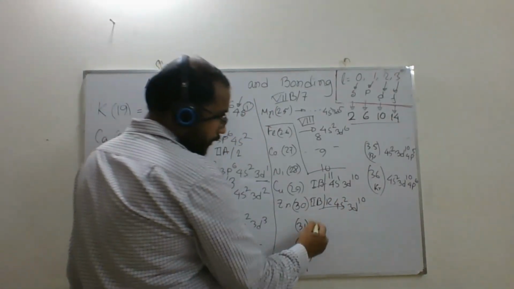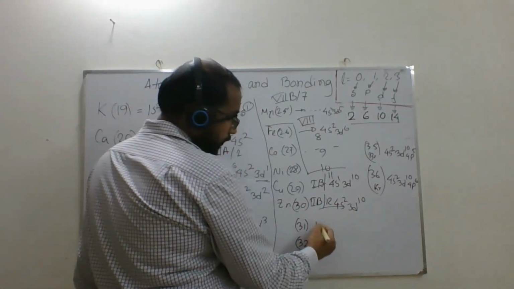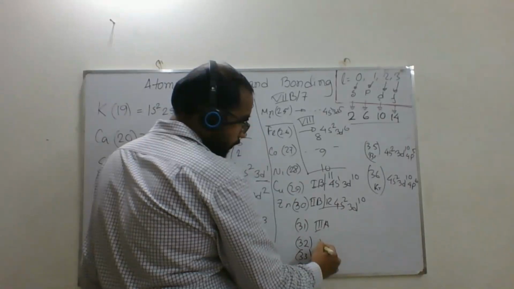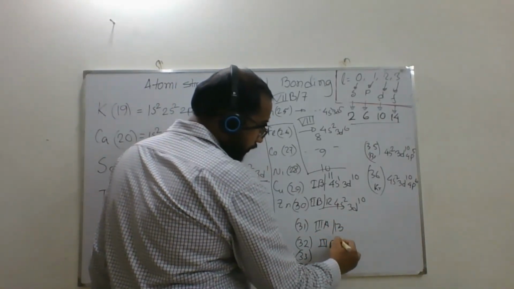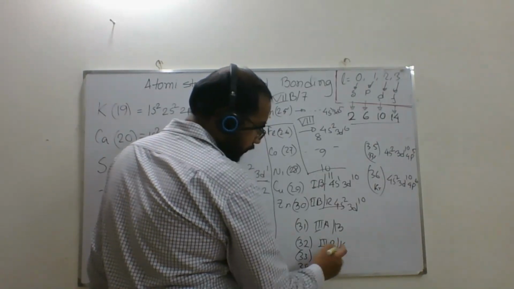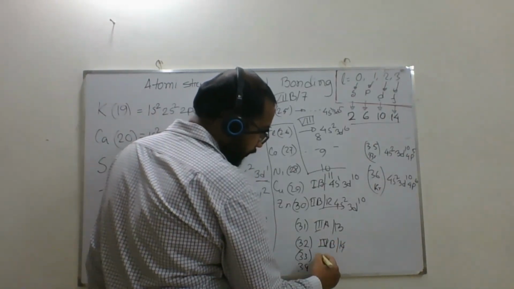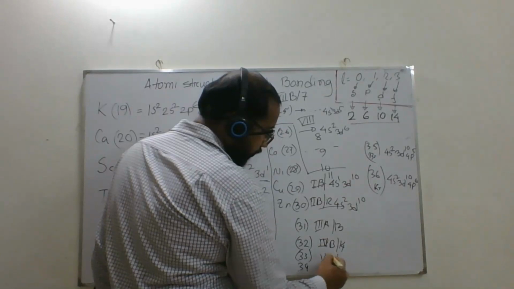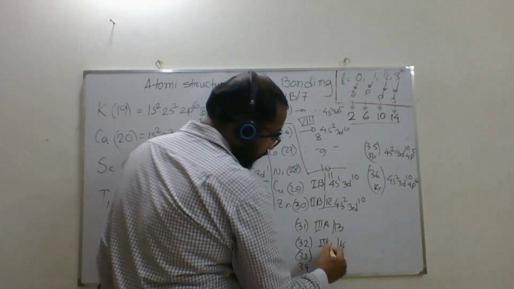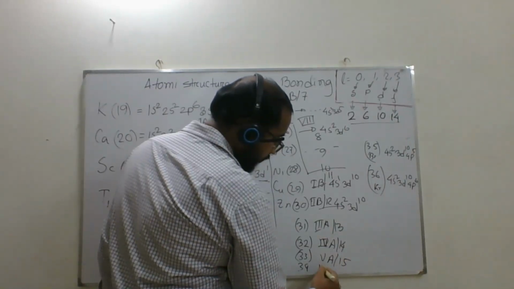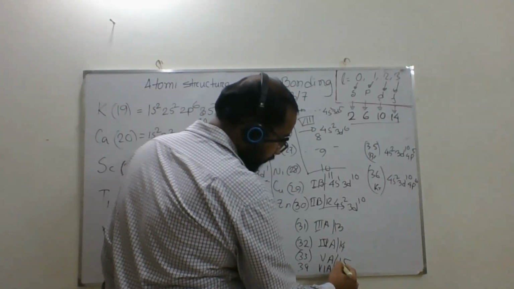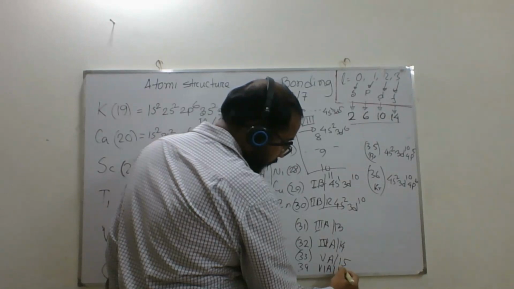Okay. For this one, this is actually 3A. This is 3 or 13. This is 4A or 14. This is 5A, or 15, all of them are A. This is 6A or 16.